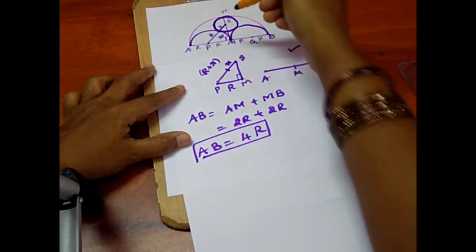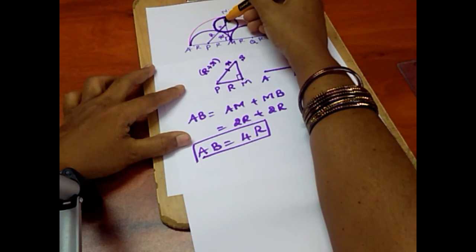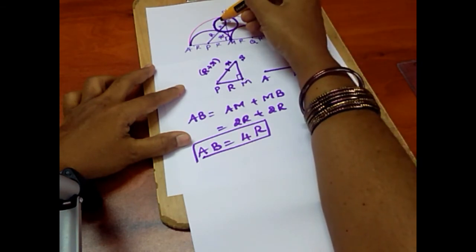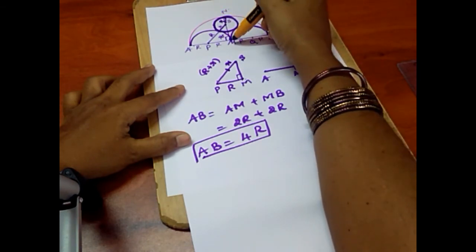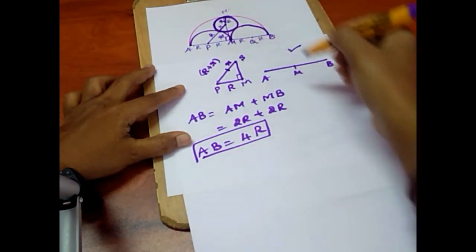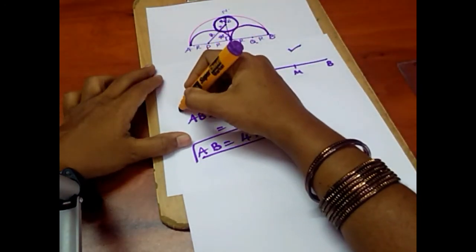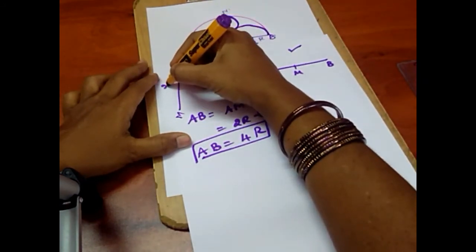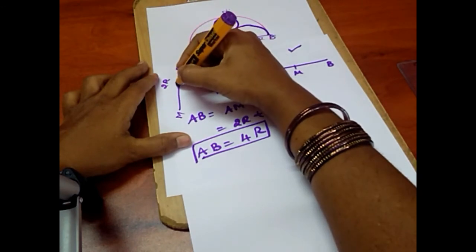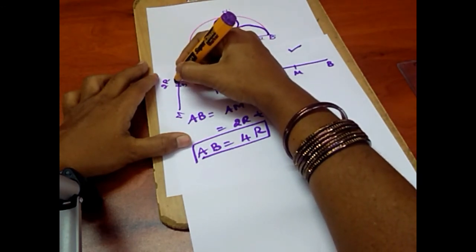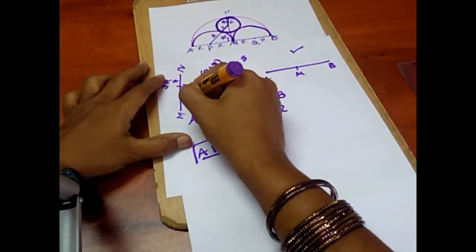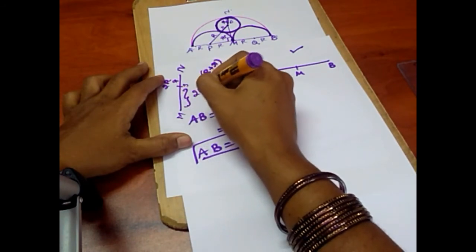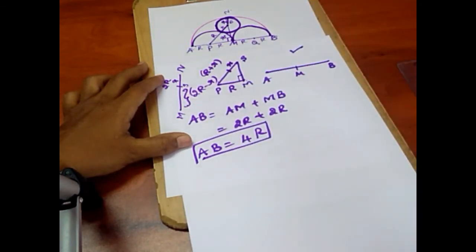Think, children, the remaining part of SN is the radius. So MS will be equal to 2R minus r. Here you can note down MN is 2R. At this point S we have r. Then what is this remaining? It is nothing but 2R minus r.